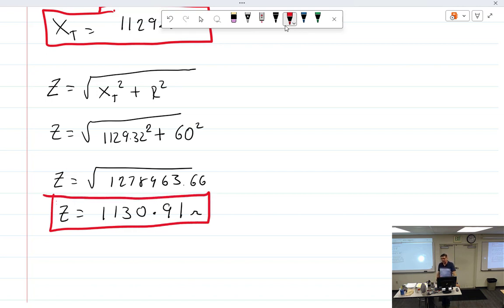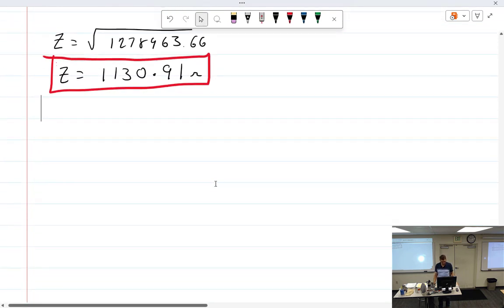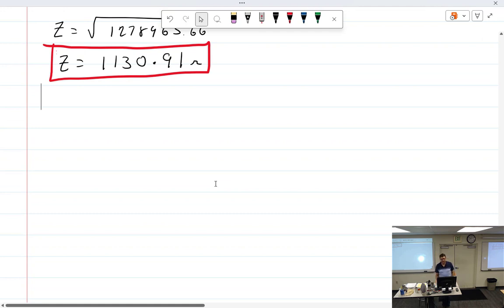Everybody got Z? What comes after Z? I total. What's our formula for I total?